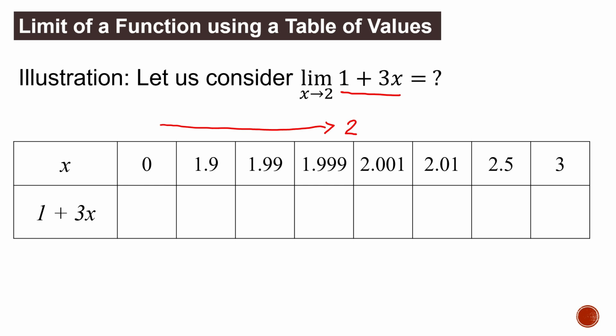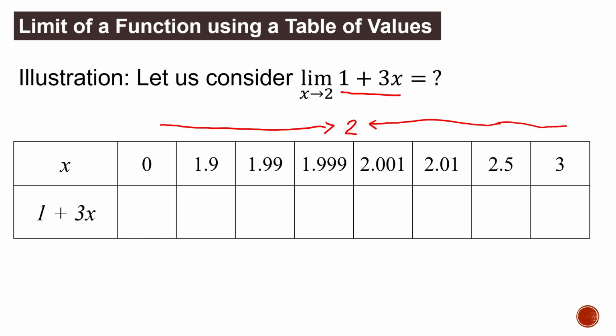Now imagine a number line. So this number is 3, 2.5, 2.01, and then 2.001. These numbers or x values are approaching number 2. So our objective is, what is the limit? As the numbers from the left, 0, 1.9, 1.99, 1.999, are approaching 2, and the numbers from the right side are approaching number 2, what will be the equivalent y value?